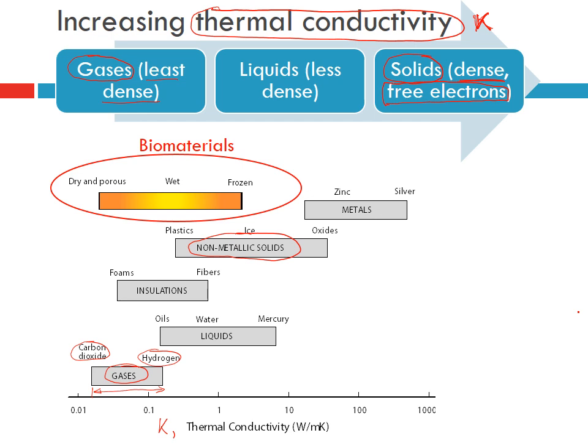This is non-metallic solids, and you can see the values are, you know, this is 10 times 100, it could be 100 times, or even 1,000 times almost higher than the low end of the gases. The metals, which are solids plus they have free electrons, are even higher. So they are really high thermal conductivity. Okay. So the big picture is gases on one end and the solids on the other end.